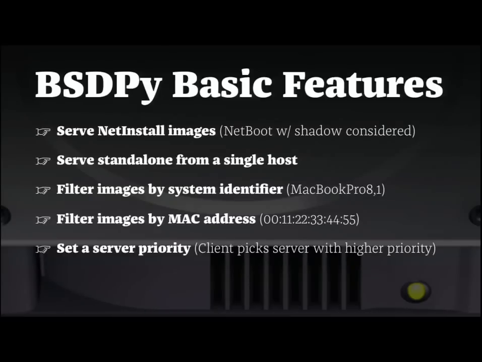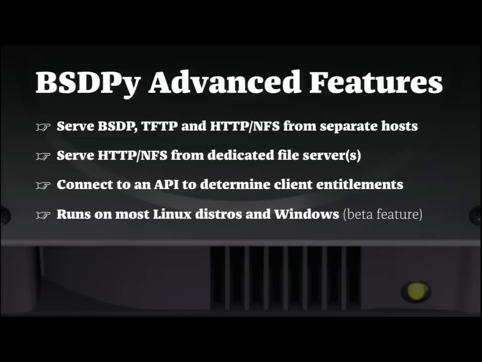And then the server priority, as I mentioned before, I just picked a random number because it doesn't seem like Apple has given it much more thought than let's pick a number and move on. So, like I said, if there is a need for more precise load balancing of this, it's something that can be implemented based on requests from the community.